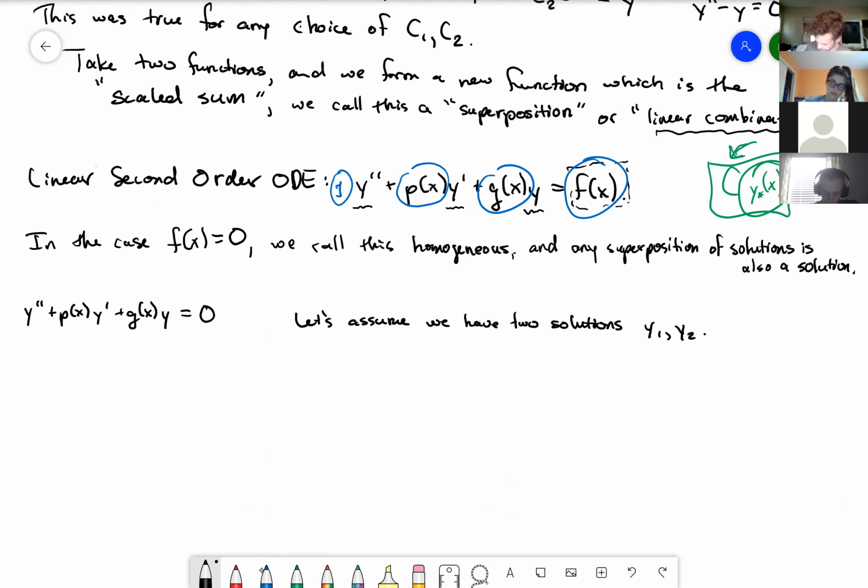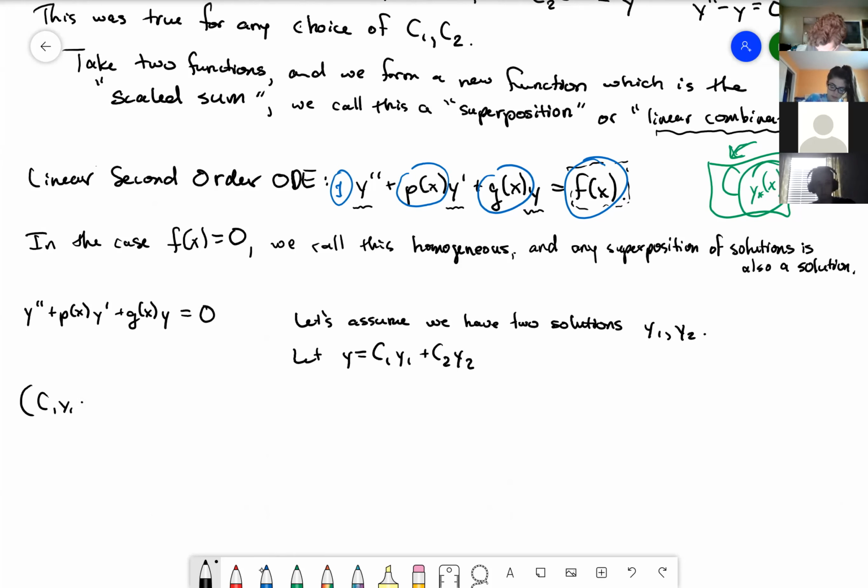So we'll propose a new solution. We're just going to form a combination of these two things and see what happens. So we'll let y equal c1 y1 plus c2 y2. So there's their linear combination or superposition. And when we plug this in, what do we get?